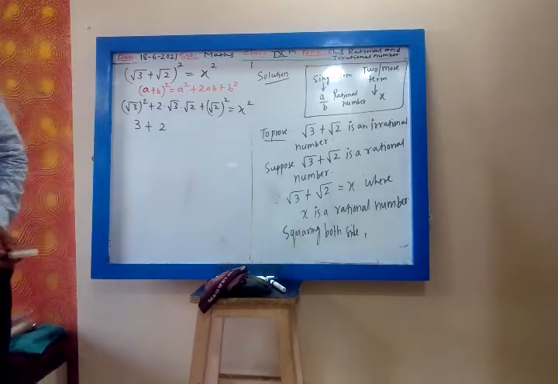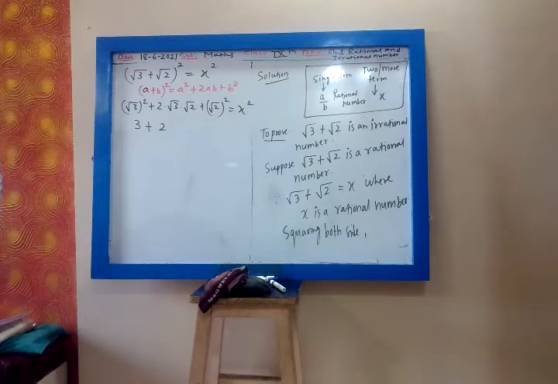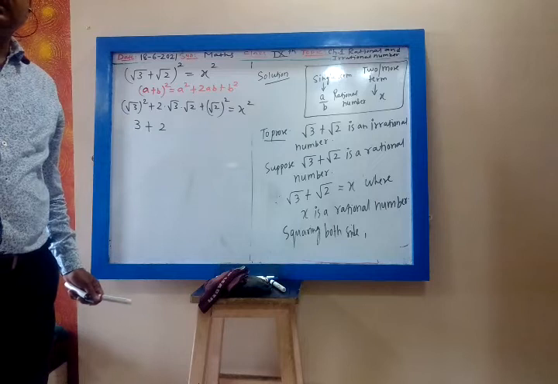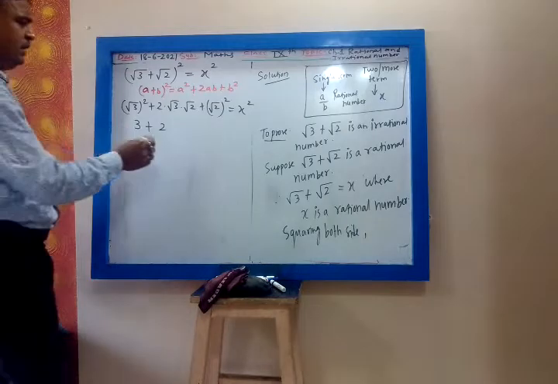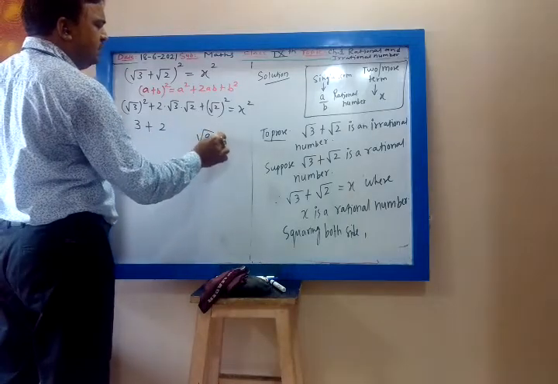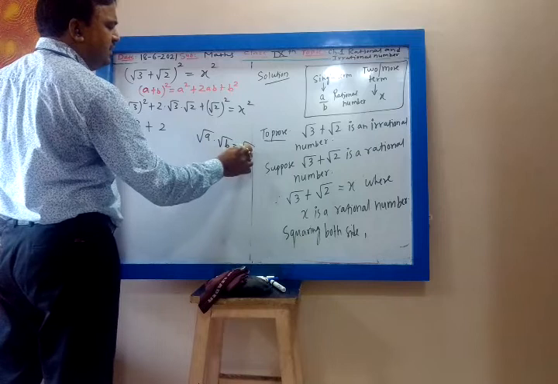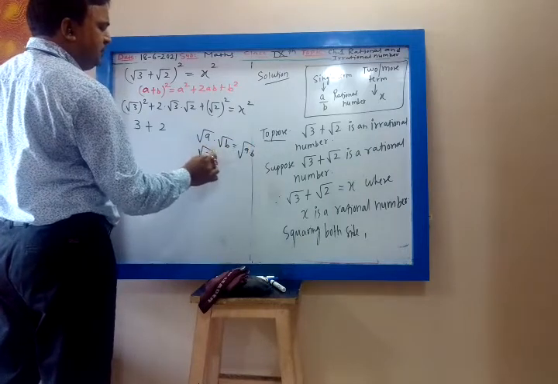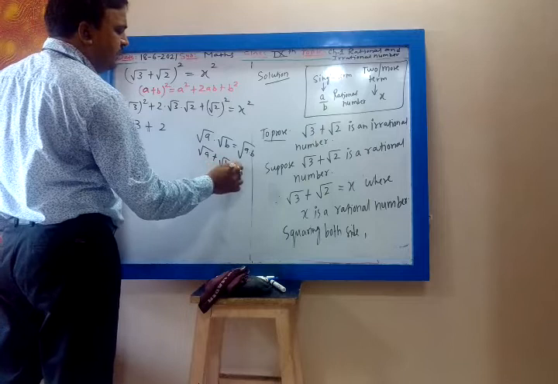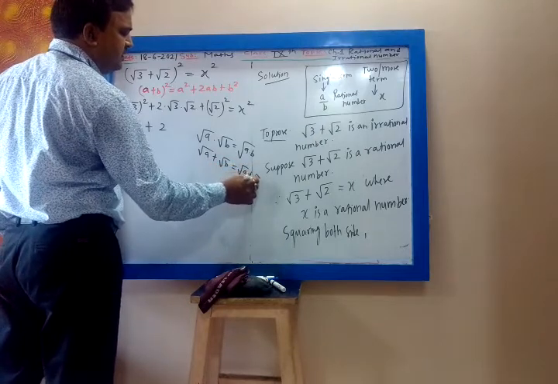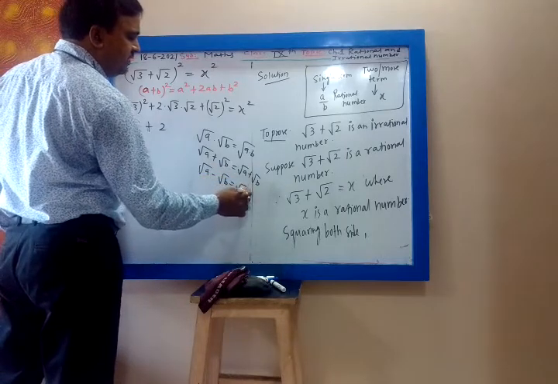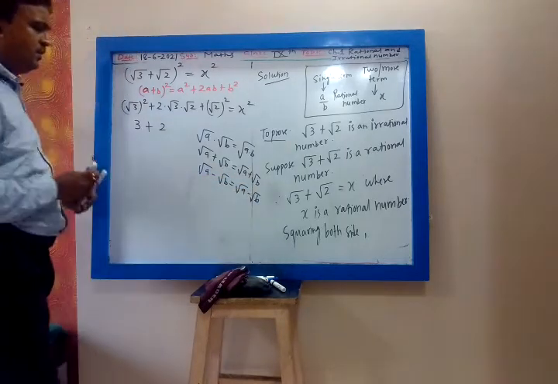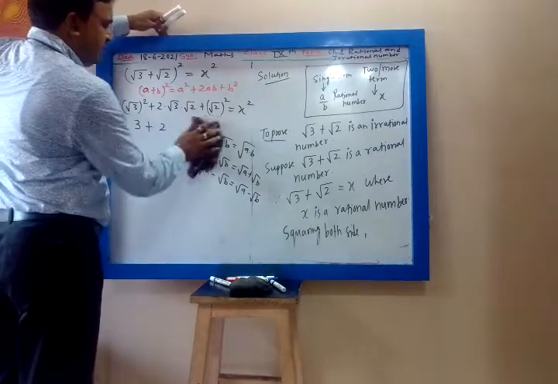This I have taught you. Root a into root b, I can write as root of a into b, but root a plus root b will remain root a plus root b only. You cannot add. Similarly, root a minus root b will remain as it is. You cannot subtract. So it will be 2 root 6.